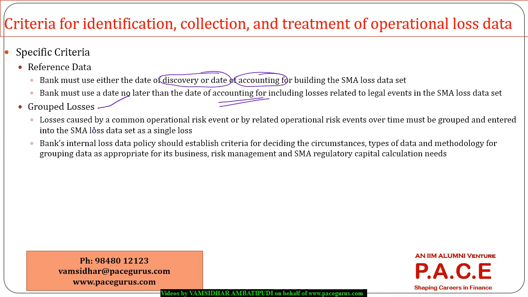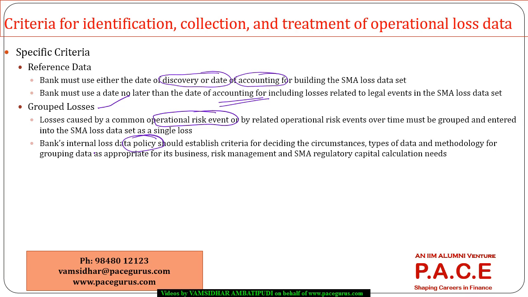And it also says that the losses which occur because of a common operational risk event should be grouped, and the entry into the loss database should be as a single entity itself. So which items need to be grouped? What is the criteria for grouping of the items? For all those things, there should be a clear-cut policy in place from the companies or from the bank's perspective.